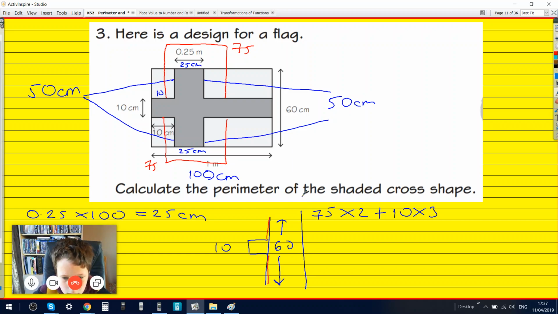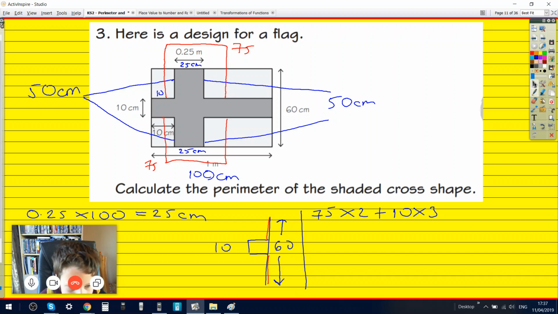So 75 plus 75, 10 plus 10 plus 10, and also there's 50 plus 50. What do you get? Well, 50 plus 50 is 100. 10 times 3 is 30, so that is 130.